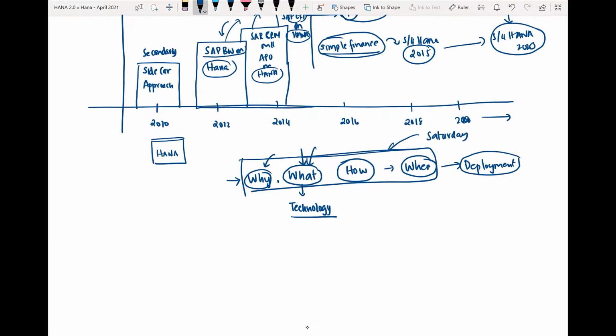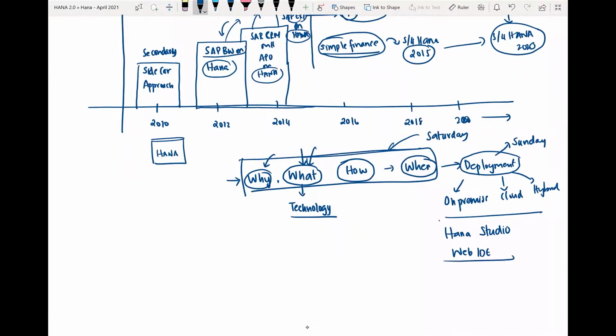And on Sunday, we will complete talking about the deployment strategies, which covers on-premise, cloud, and hybrid options. I will also take you into the system and start showing you how to access the HANA system through HANA Studio and the web IDE. All right. This is what I'll be teaching in the next session.